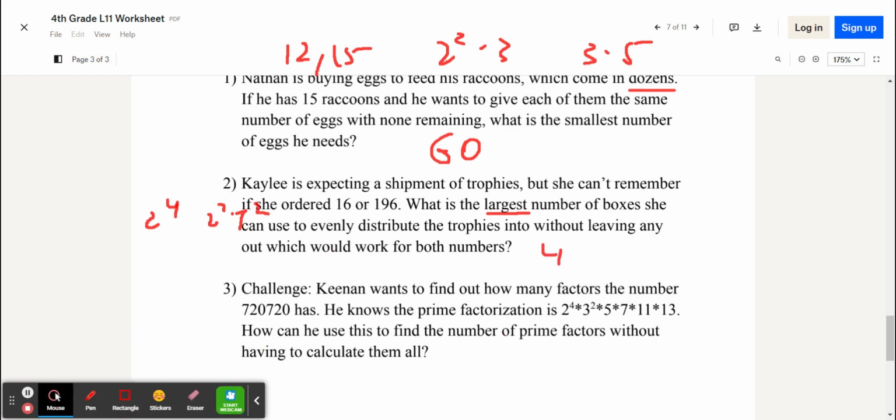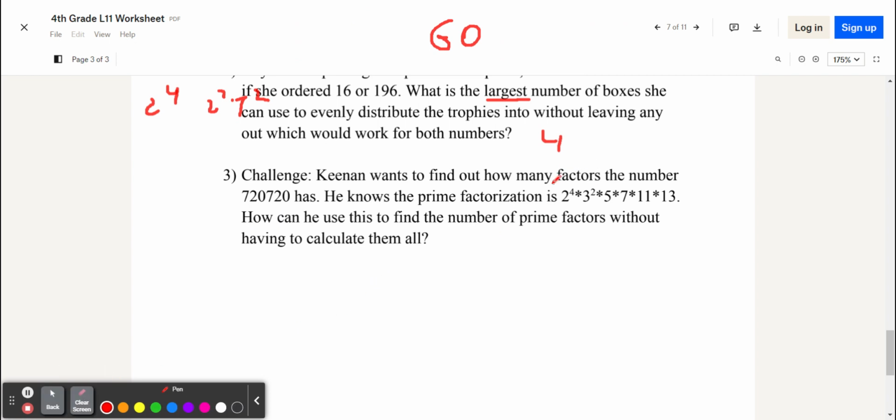And then challenge, I want to find how many factors, not just prime factors, but factors the number 720 has. This is one number, so 720. I know that this is the prime factorization. That's kind of a lot. And it'll be hard to find out what the factors are.